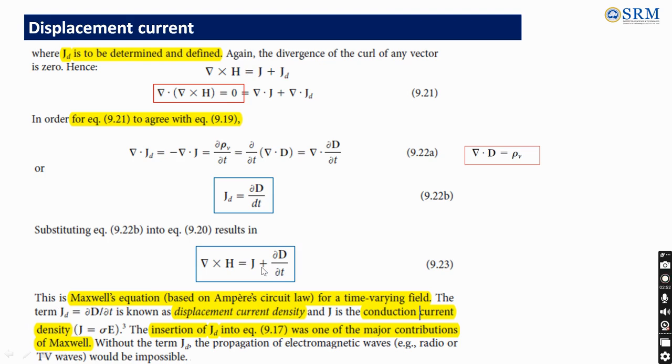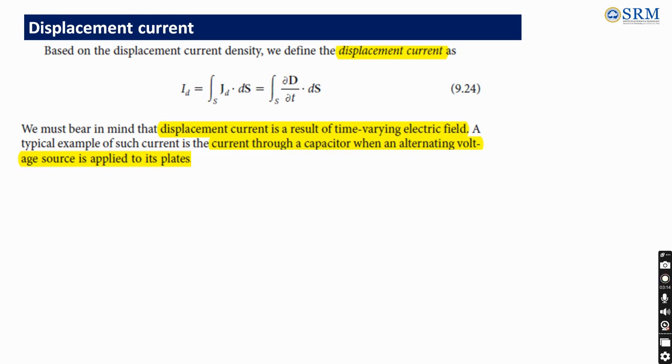Here JD, equal to dou D by dou T, is called the displacement current density, and J is called the conduction current density, which is equal to conductivity times electric field intensity, sigma E. The JD term was added by Maxwell, because without it the propagation of electromagnetic waves would not be possible.